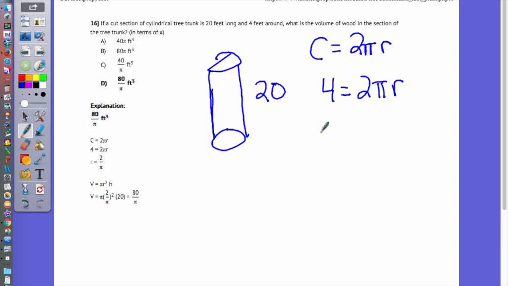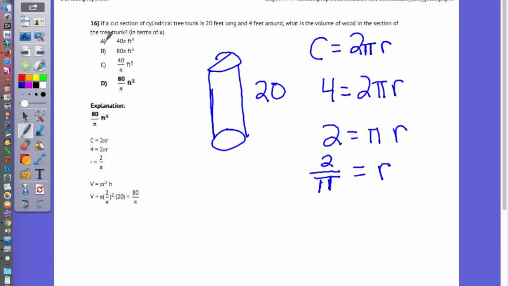I divide both sides by 2, and I get 2 equals pi r. So the radius is equivalent to 2 over pi. Since pi is a little bit more than 3, this is about 2/3 of a foot, but I want this in terms of pi, so I'm going to leave the pi symbol there.